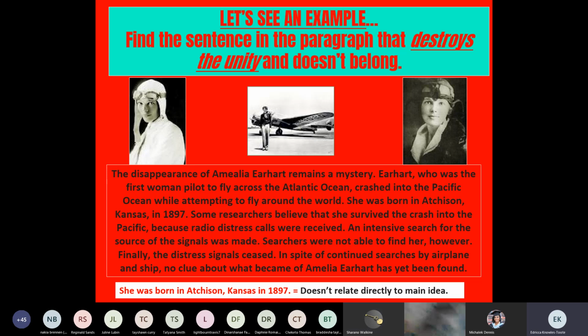It's going to be about not just Amelia Earhart now, but we need to be more specific. Her disappearance. Yes. How did she disappear? Or what is believed to have happened? Very good. Good job, students.